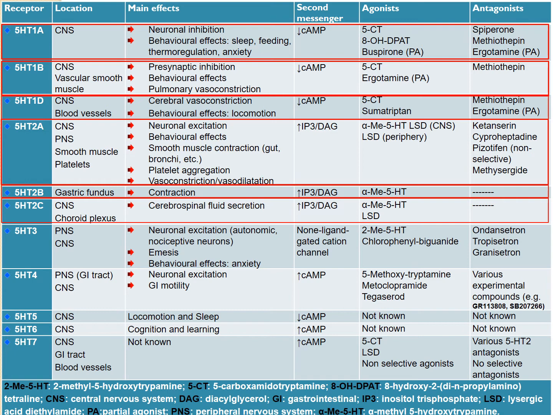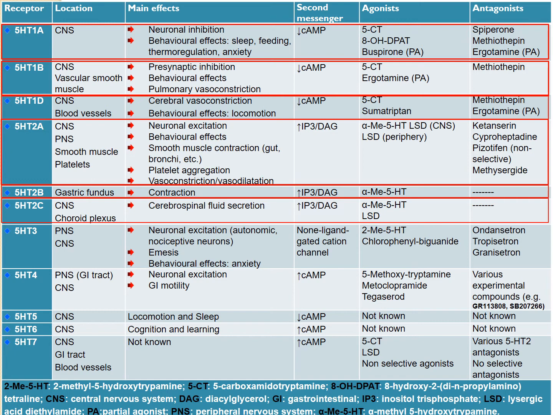Its function is subserved through increasing the intracellular concentration of inositol triphosphate and diacylglycerol. The agonists of this receptor are alpha methyl 5-hydroxytryptamine and lysergic acid diethylamide, and the antagonist is unknown.